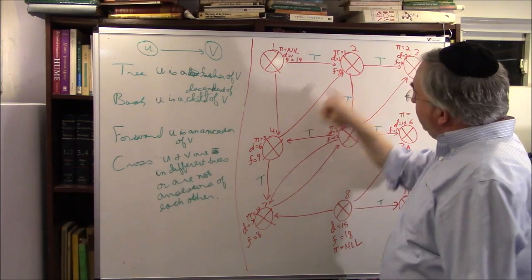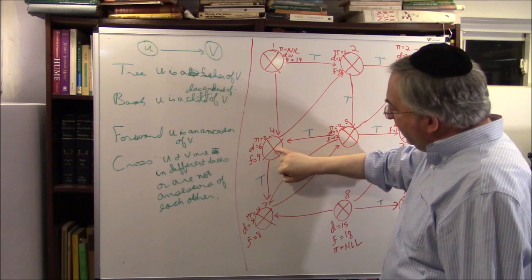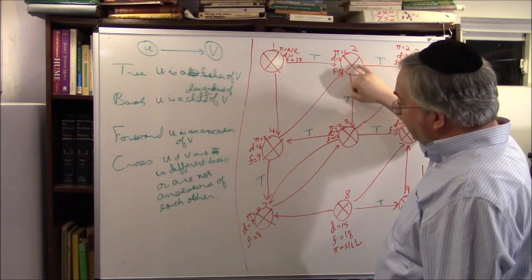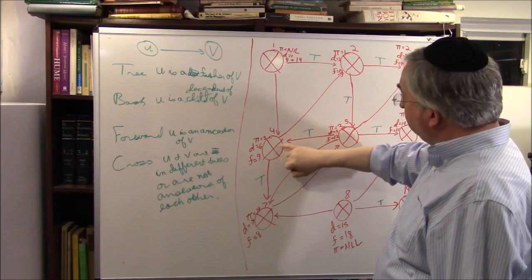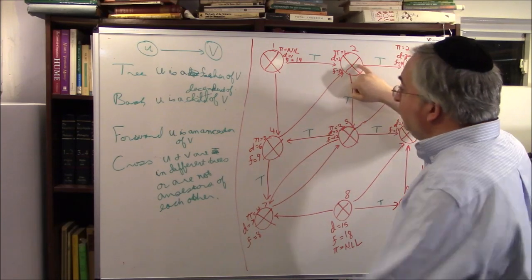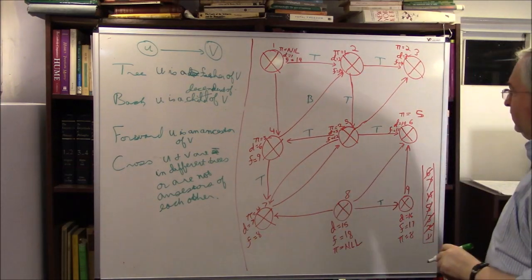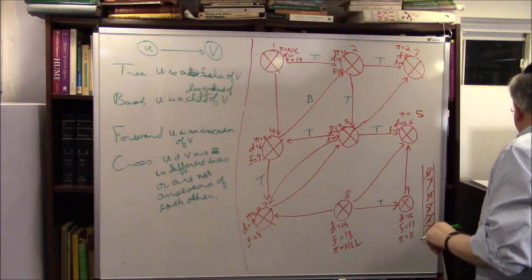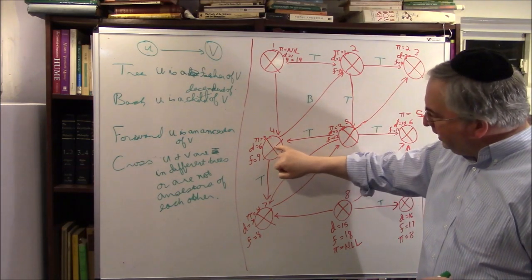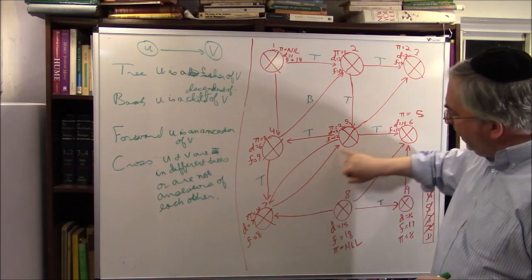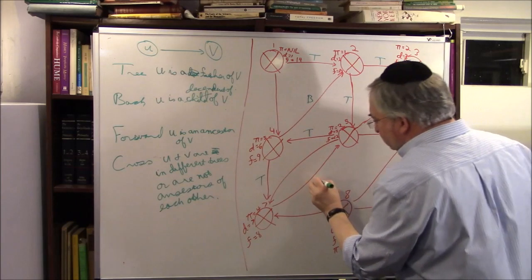Look at him. He had a child here. He had a child here. Now, he is a grandchild of him. So we say, U is a descendant of him. So I'm going backwards, back like that. So he's a back edge. Who else is a back edge? He had a child, him. He has a child, him. This arrow is pointing back to his grandfather. So this is a back edge.